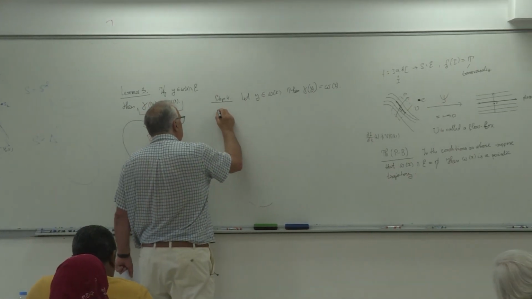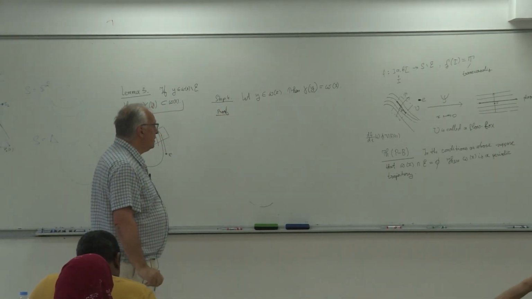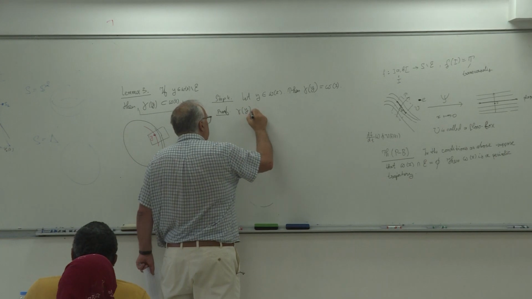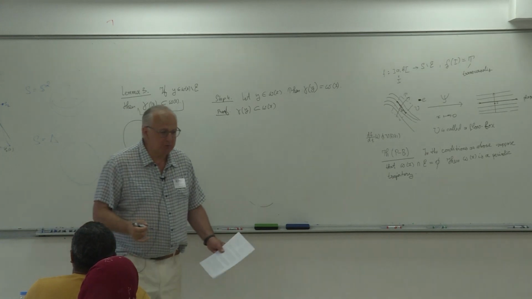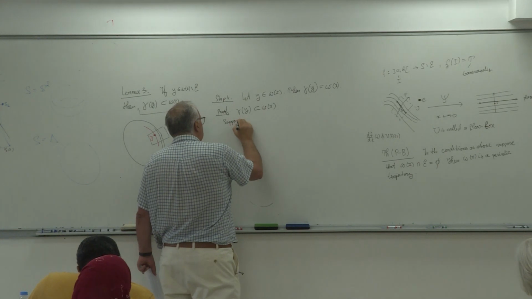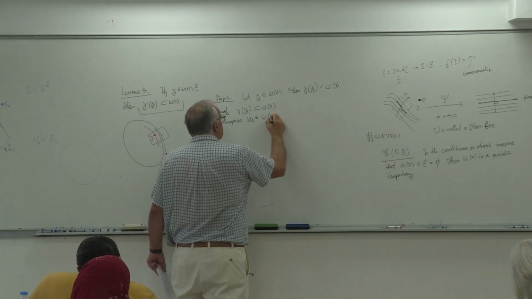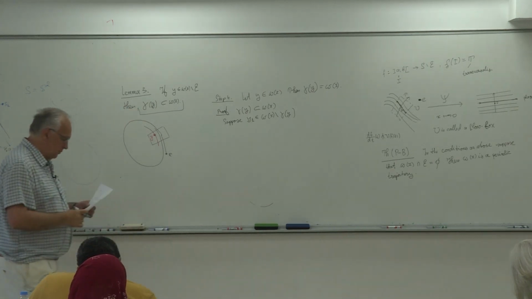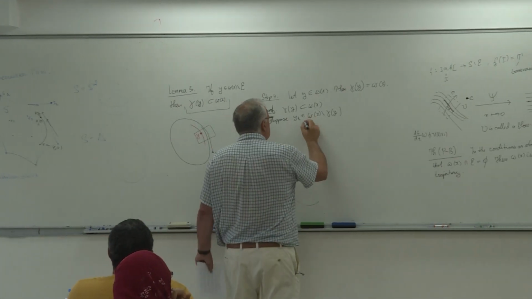Okay, proof. So we know that gamma of y is contained. Well, suppose we have some other point. Suppose y1 belongs to omega x minus gamma of y. So this set is not empty.